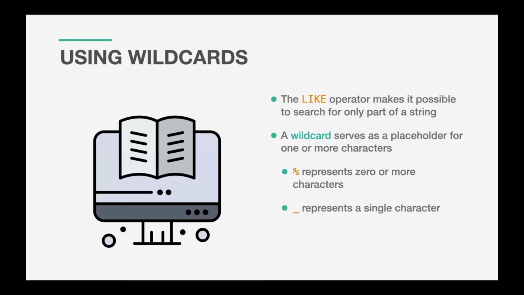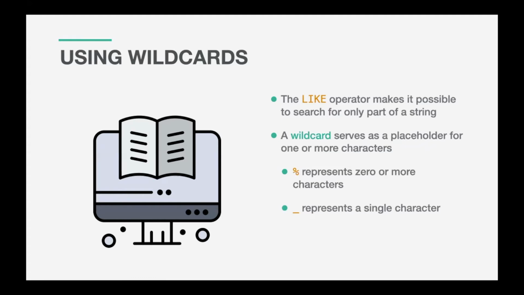The other wildcard is the underscore, and this represents just a single character. Honestly, I've never had a reason to use this one, but it's good to know that if you're looking for something that specific for just a single character, maybe if you're looking for a specific name and you didn't know if it started or ended with an S or something like that, maybe that would be very helpful.